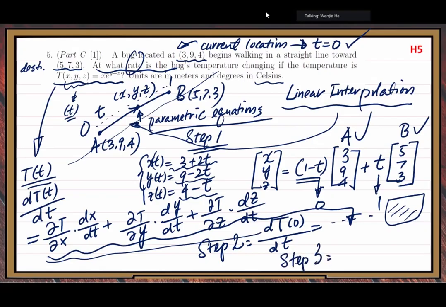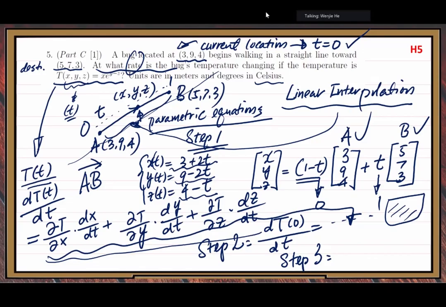Because when you move from A to B, the AB vector is a vector, and the length of the AB vector could sometimes be long, sometimes short. If you stretch longer or shorter, the rate of change will be different.